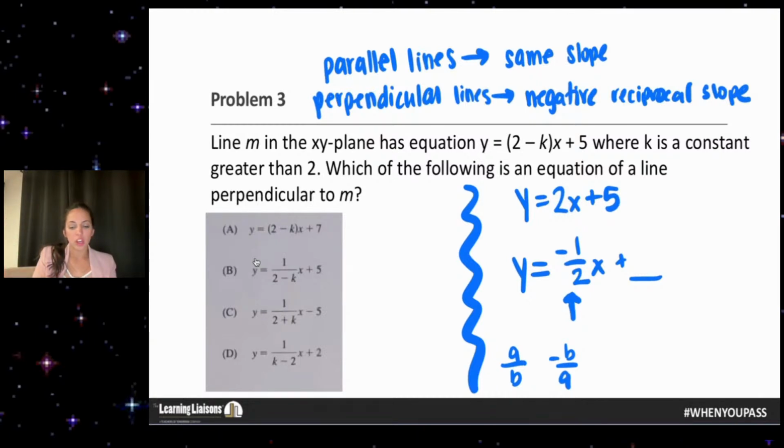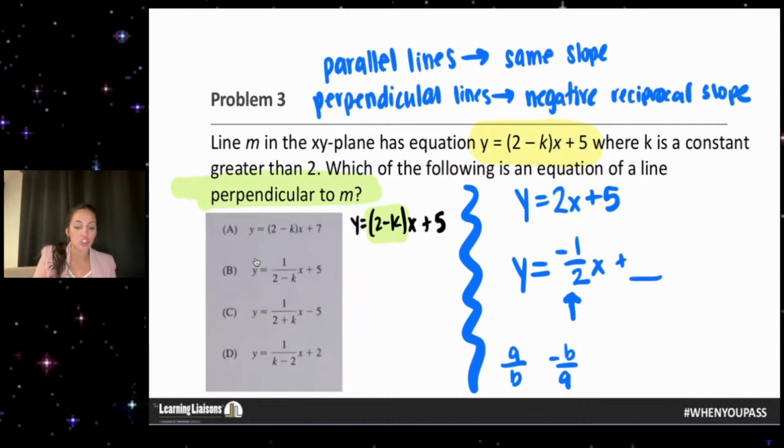So when I look at this problem right here, y equals (2 minus k)x plus 5, what is my slope? My slope is 2 minus k. So then which of the following is perpendicular?